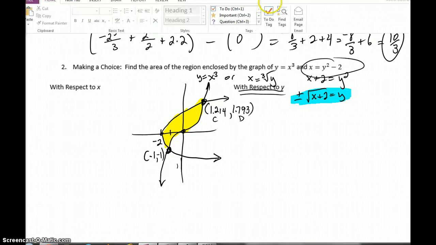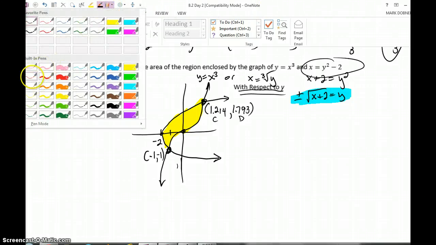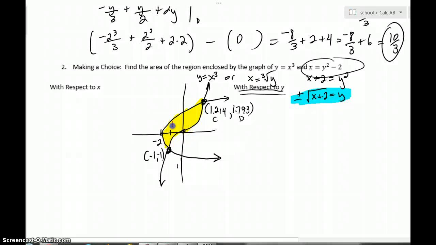A quick comment is you're looking at the problem with respect to y. I do want to point out that clearly anywhere in this yellow region, if you were to draw a horizontal rectangle, or even a horizontal segment for that matter, you would see that you'd always have the same right-left boundaries.